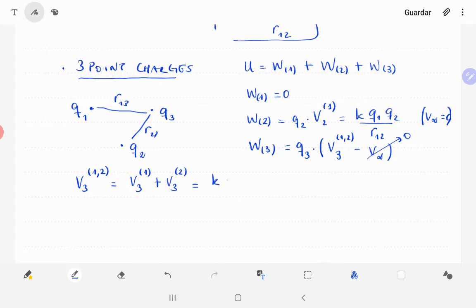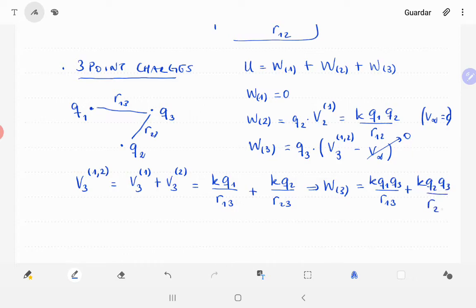This is K Q1 over R13 plus K Q2 over R23. So the work we need to do against the field to bring point charge 3 when there is already point charge 1 and point charge 2 is equal to K Q1 Q3 divided by R13 plus K Q2 Q3 divided by R23.